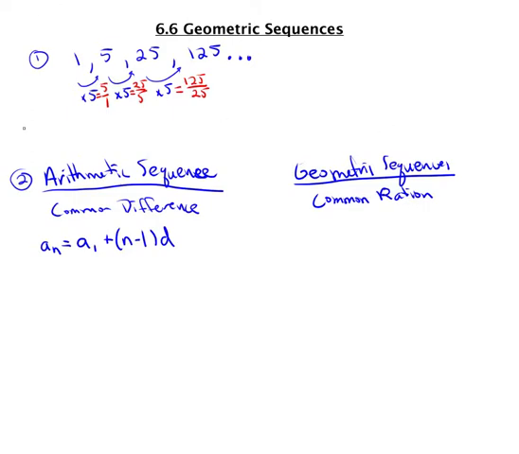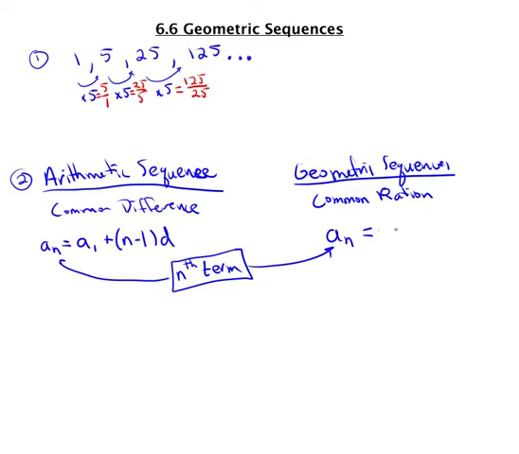And so we do have an equation for that. It starts off with, of course, a sub n being the nth term. That's our nth term for writing an equation.